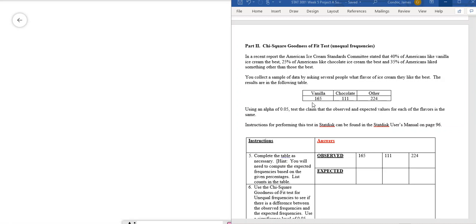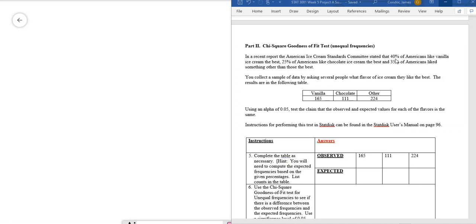Now, if 40% of those 500 people like vanilla, how many is that? Okay. So in other words, we're saying 40% times 500, 0.40 times 500. There we go.